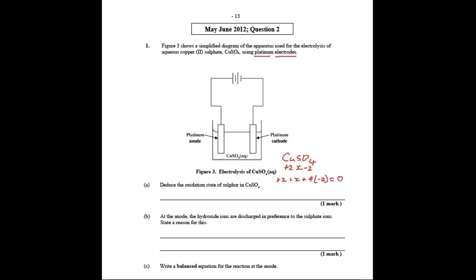And all of that is equal to 0. This is an ionic compound. So the sum of all the oxidation states of the different elements in this compound is equal to 0.